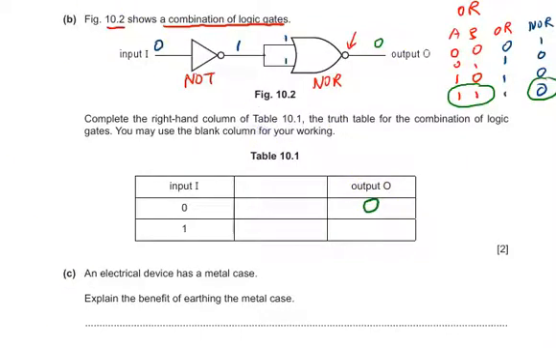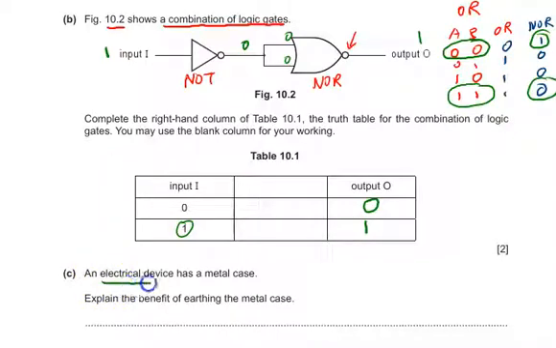Now we erase this and replace it with 1 here. We follow this and you'll get 0. If you get 0, both will be 0 here, and your output O is 1. So this is for the first question.